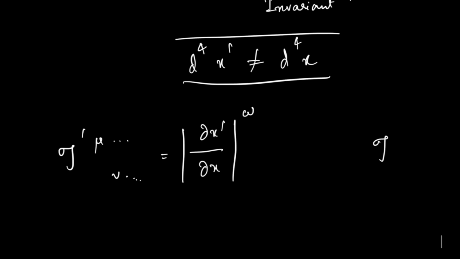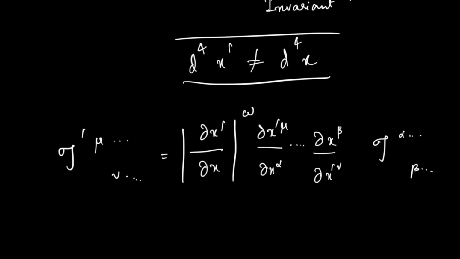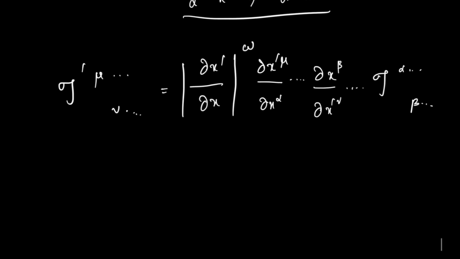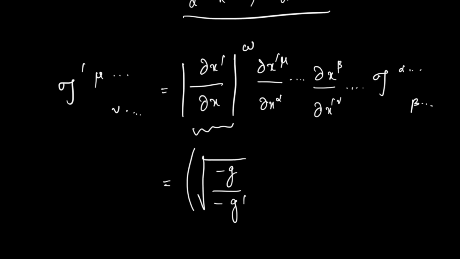Suppose it is going to αβ, then the partial derivative of x'^μ with respect to x^α, then the partial derivative of x^β with respect to x'^ν. Here, instead of the partial derivative of x' with respect to x, I can write root of minus g by minus g'. Now the whole thing is raised to w, and the other quantities will remain as such.